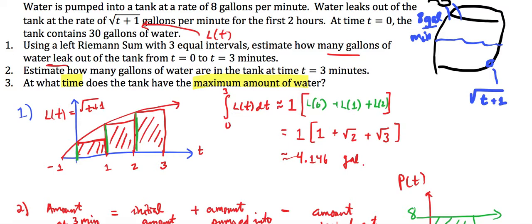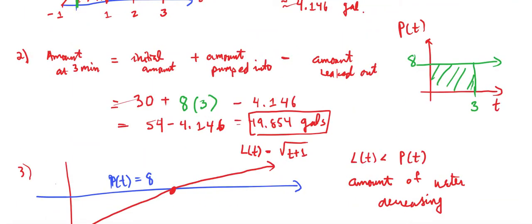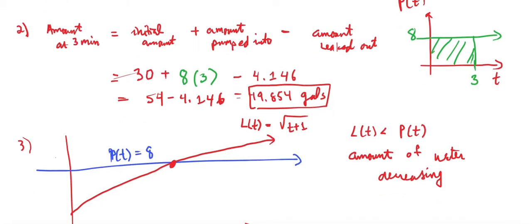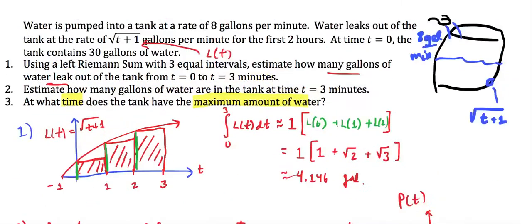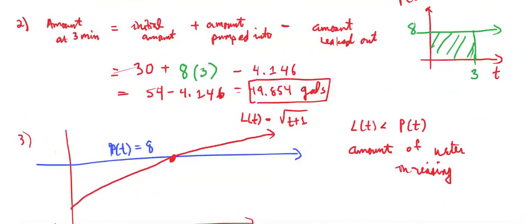Sorry, let's revisit this. If the rate at which the water is flowing out is smaller than the rate at which the water is flowing in, then the amount of water is increasing.